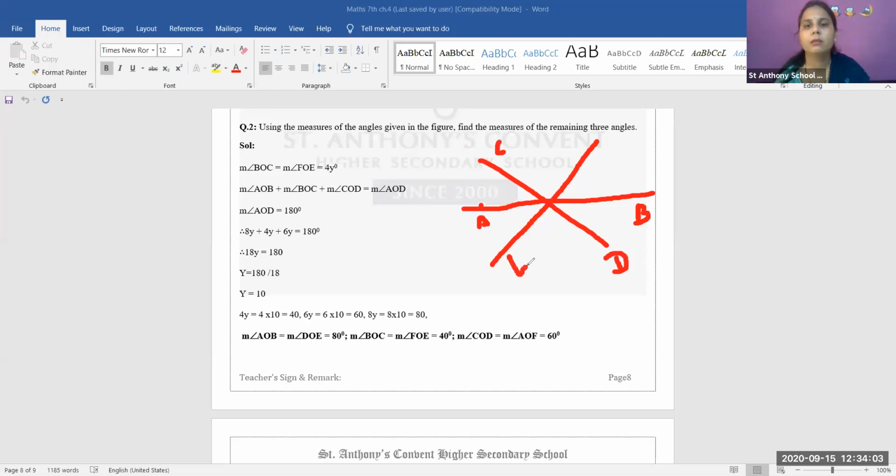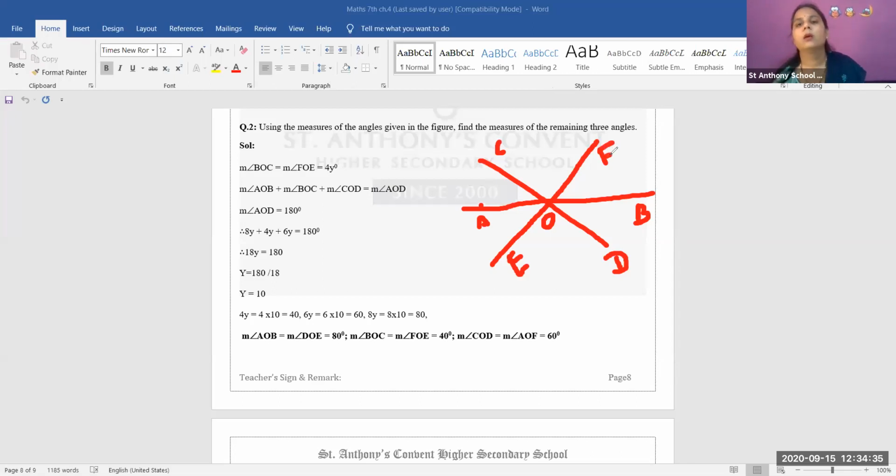All these three lines intersect each other at point O. This is line EF.